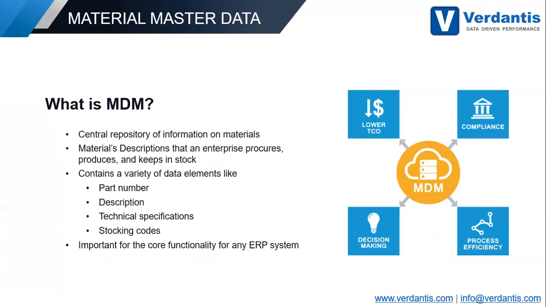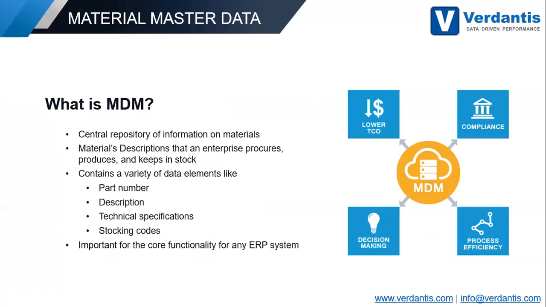To discuss what MDM is, it really is that central repository of information on materials that describes what they are, as opposed to an ERP or asset management software that has a lot of transactional information in them. This is really what they are, a repository of information.